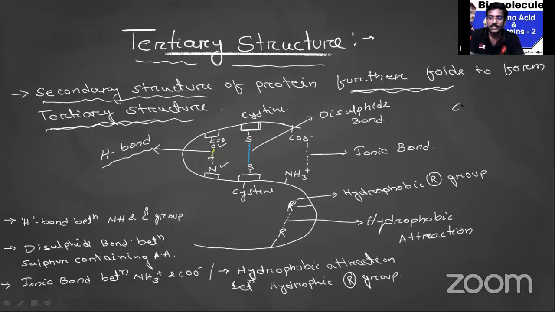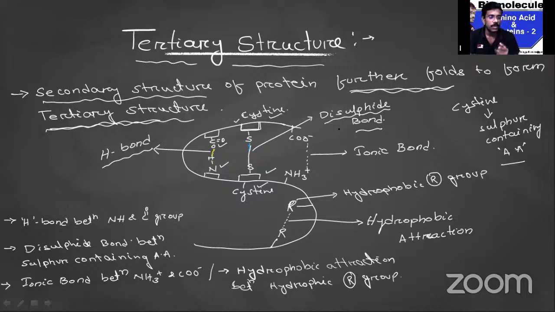Cysteine is a sulfur containing amino acid. So what will happen if one cysteine is present here and another cysteine is present here, then there will be attraction between the sulfur of cysteine 1 and cysteine 2, and between them there will be formation of a bond that is called the disulfide bond.